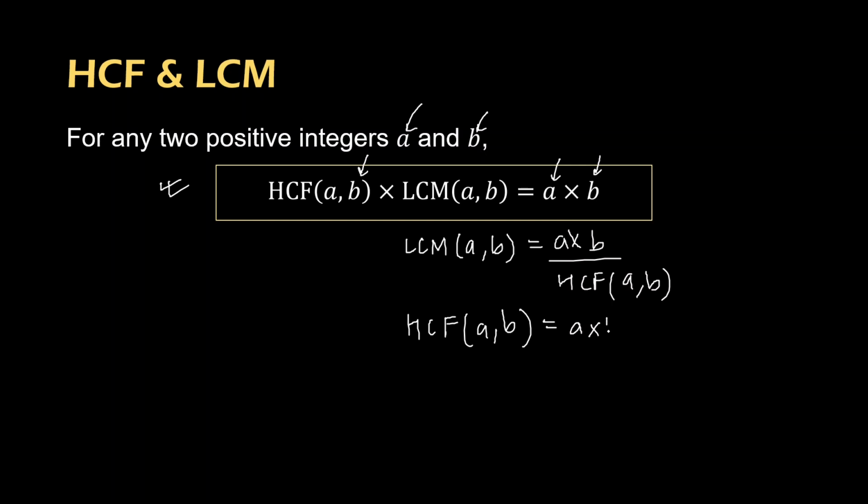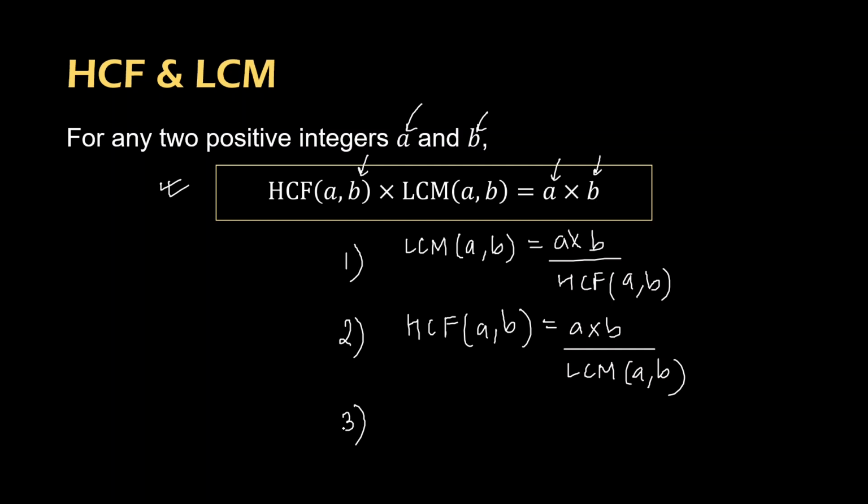So A into B upon LCM of A comma B. So if we know the product of those two numbers and LCM of those two numbers, then we can easily find the HCF. So we can find LCM of any two numbers. We can also find HCF of any two numbers.